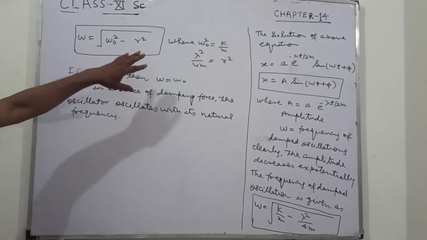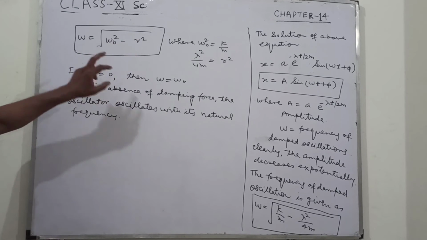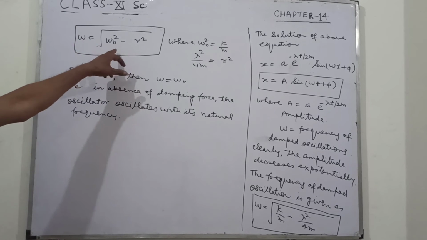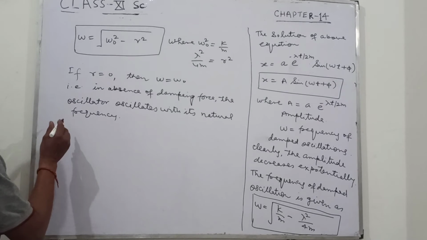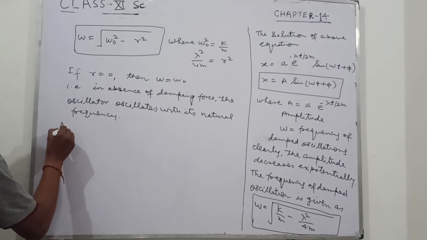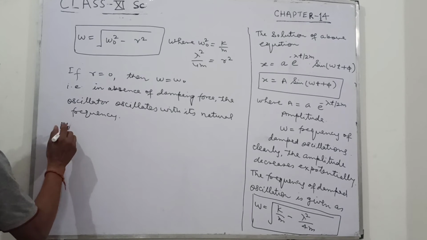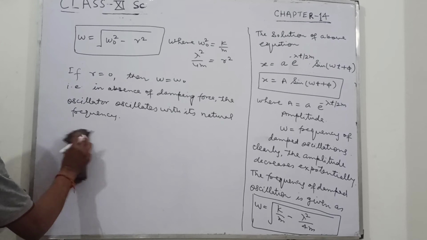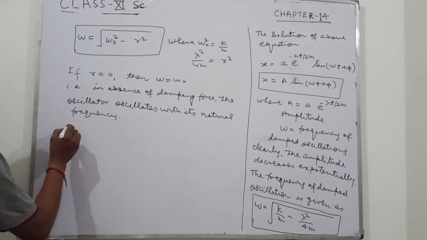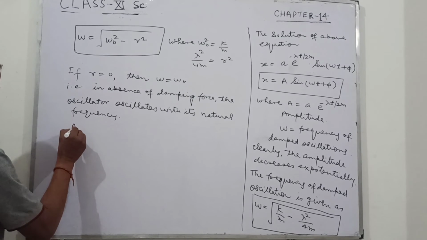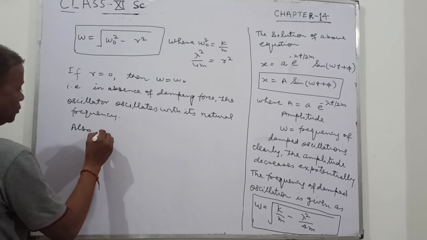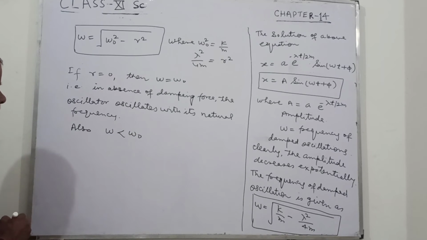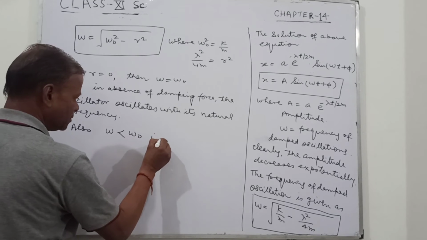And it is also clear from here that because of this r square, this frequency, the damped frequency, is always less than the natural frequency. Also, omega is less than omega naught. It means what?